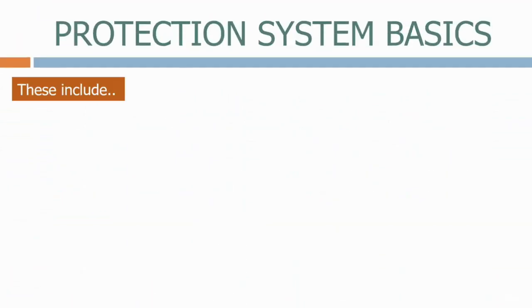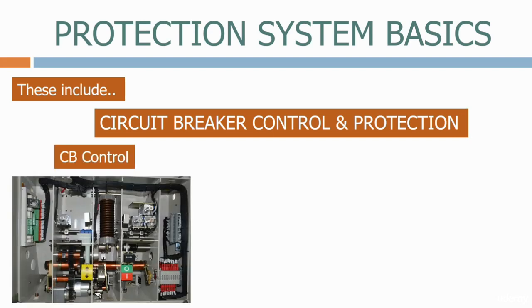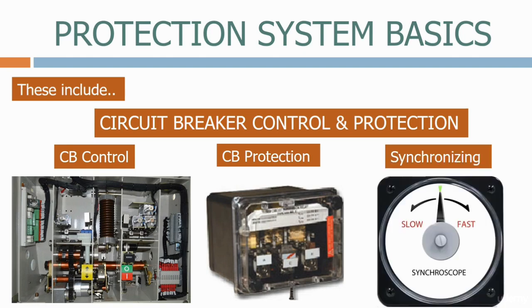These include circuit breaker control and protection, including circuit breaker control, where we open and close the circuit breaker via its operating mechanism, circuit breaker protection, where we protect the integrity of the circuit breaker, and synchronizing, where we ensure that the circuit breaker only closes when it's safe to do so.